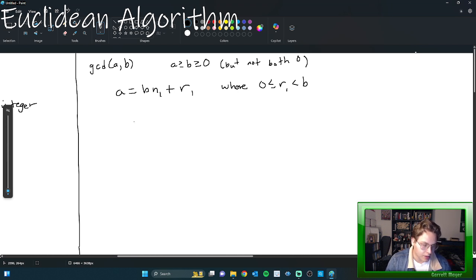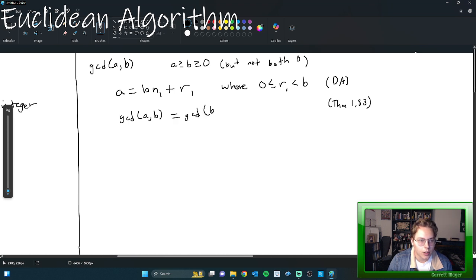And what this means is that, from theorem 1.33, this is the division algorithm, and then this is theorem 1.33, this means that GCD(A, B) equals GCD(B, R1). Okay, so what does that mean? Well, now we have B and R1, whose GCD we're going to try and find.